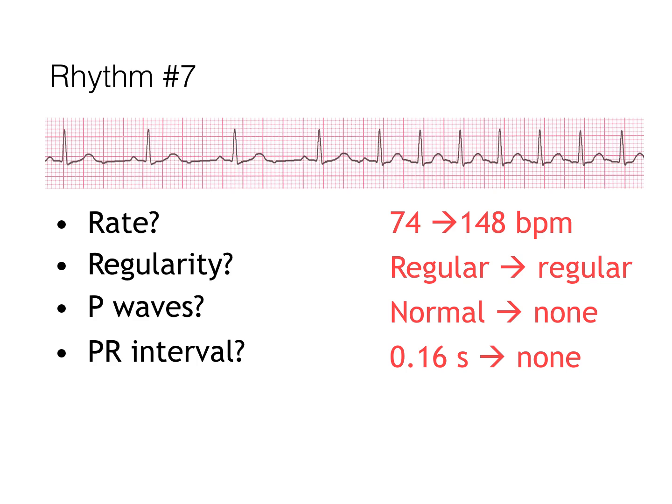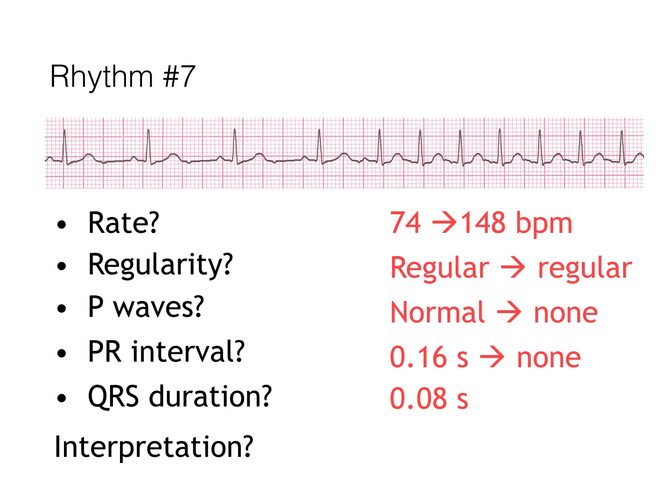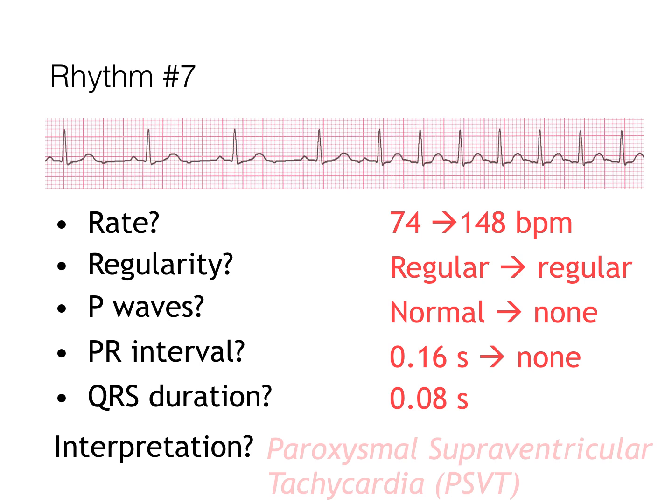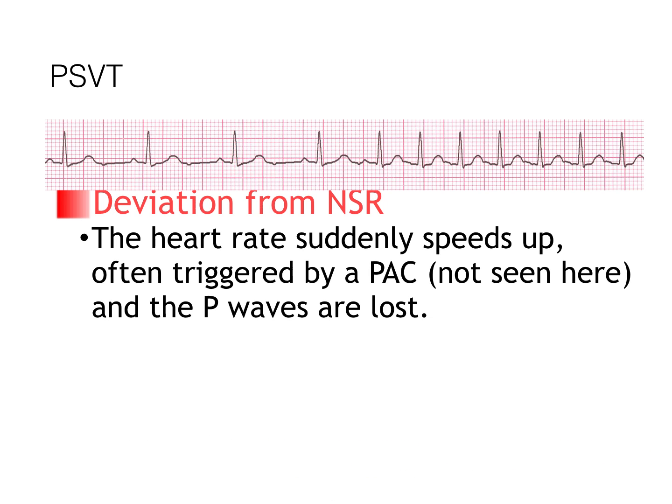What about the PR interval? Similarly, at the start there is a normal PR interval, and in the later half of the ECG there is no PR interval. What about QRS duration? It is absolutely normal throughout the ECG. So the interpretation will be paroxysmal supraventricular tachycardia. The heart rate suddenly speeds up, often triggered by a PAC, which is not seen here, and the P waves are lost.